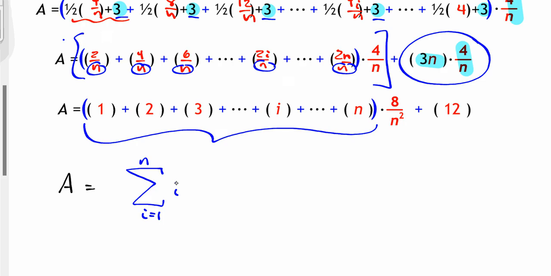And then all of this is being multiplied to this 8 over n squared. I'm just going to put it in front because it's going to get multiplied. And then we'll have the 12 added at the end. All the steps logical so far, even though as we look at this, it's kind of crazy, but all the steps to this point make sense.